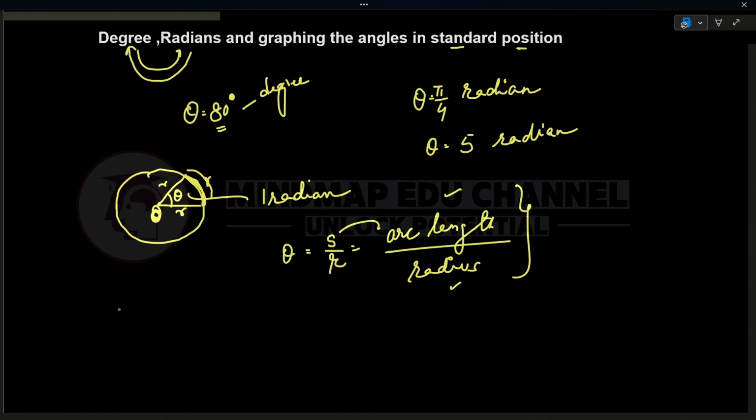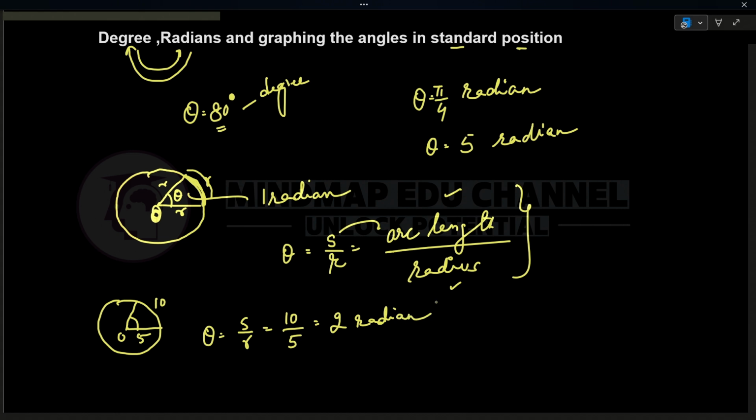For example, this is a circle with center O, the radius is 5 centimeters and the arc length is 10 centimeters. Now find this angle theta. Theta will be equal to S over R, where S is 10 and the radius is 5. So our angle will be 2 radians.